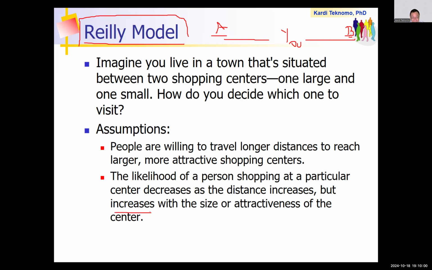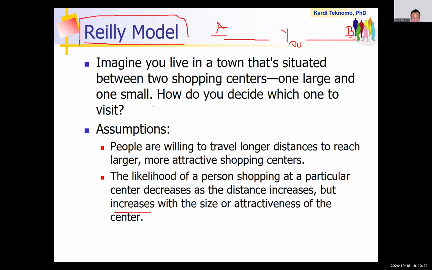So there are only two factors, isn't it? One is the attractiveness of the shopping center or mall, and second is just the distance or the cost. So here we are talking about a generalized cost function.